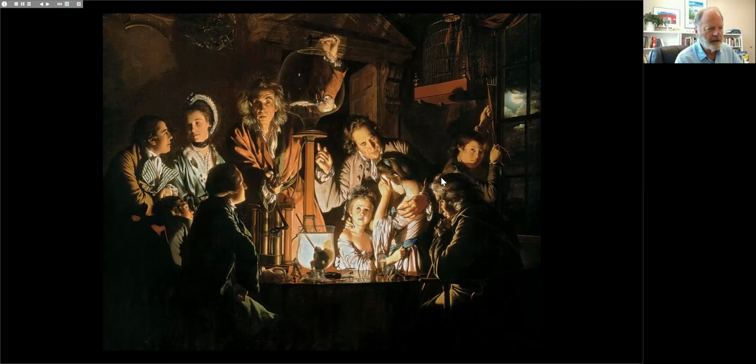We have an elderly man here in the foreground who is not observing what's happening, but is looking downward and seems to be contemplating the nature of the experiment and the meaning of the experiment. There are boys over here that follow the experiment with great interest. And here we have a couple who seem not to care much about the experiment. They're looking into each other's eyes.